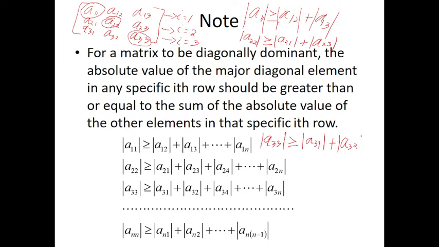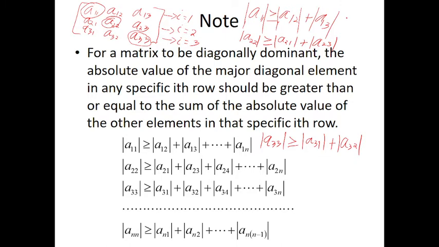So the absolute value of A sub 33 is greater than or equal to the absolute value of A sub 31 plus the absolute value of A sub 32.